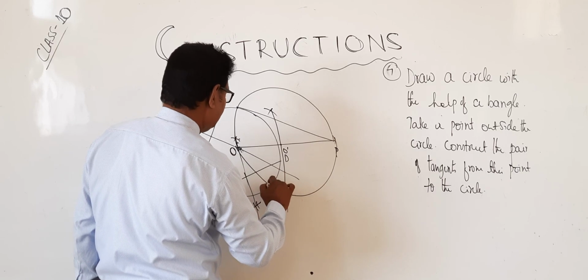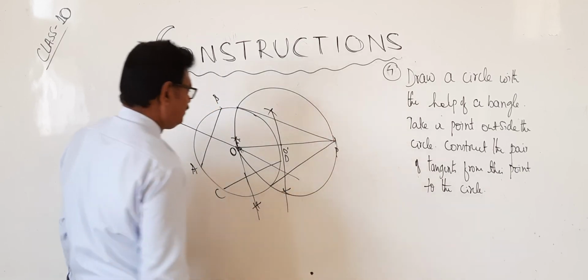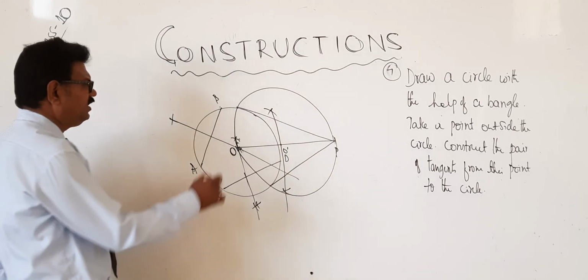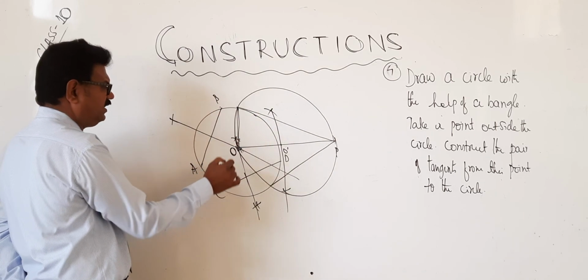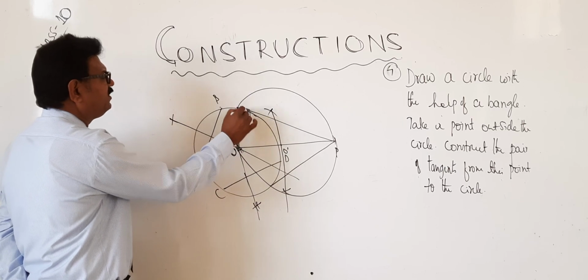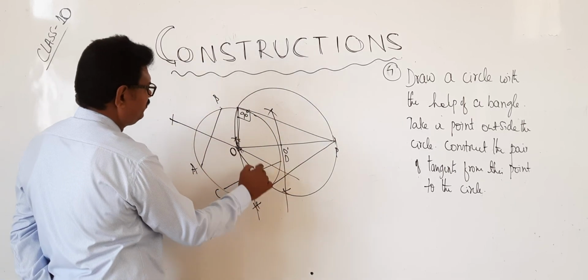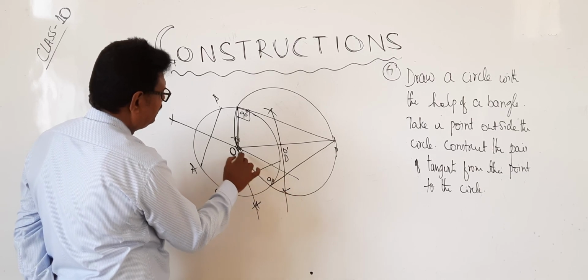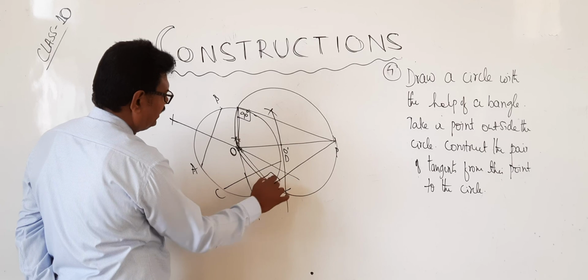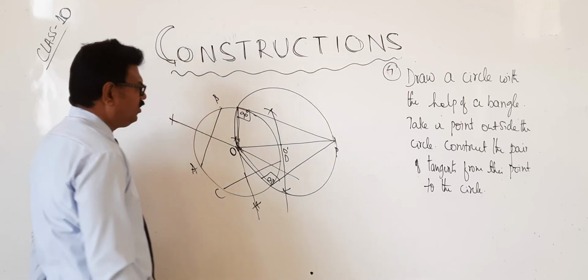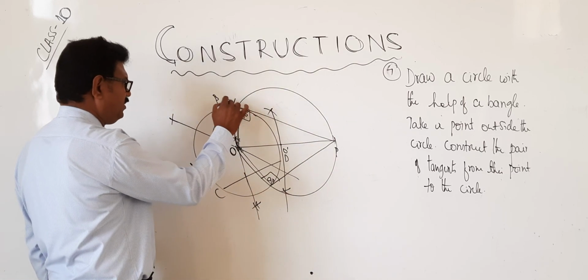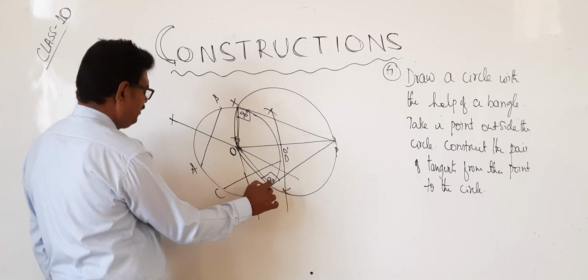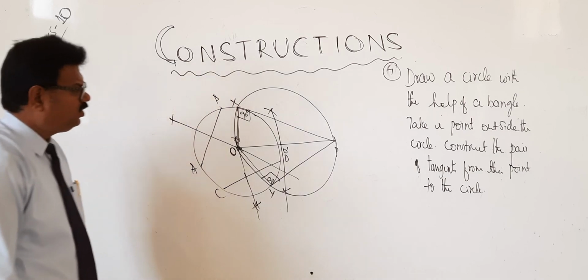From this point, yes. If you want to measure, you can measure like this. It is 90 degrees. It is also 90 degrees. Okay? Now PX and PY are the two tangents.